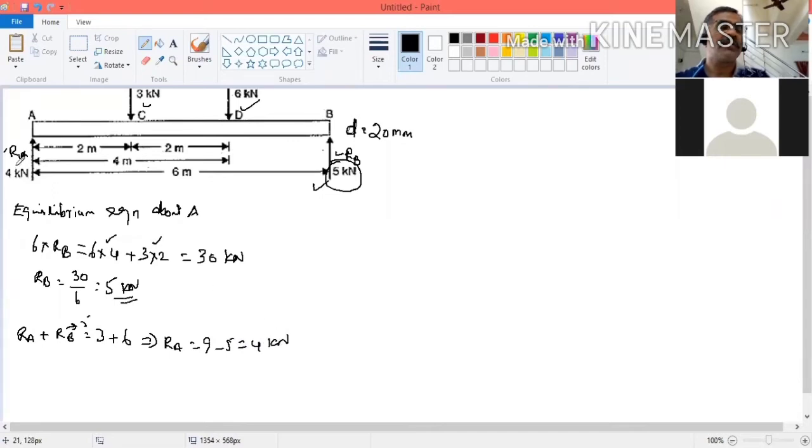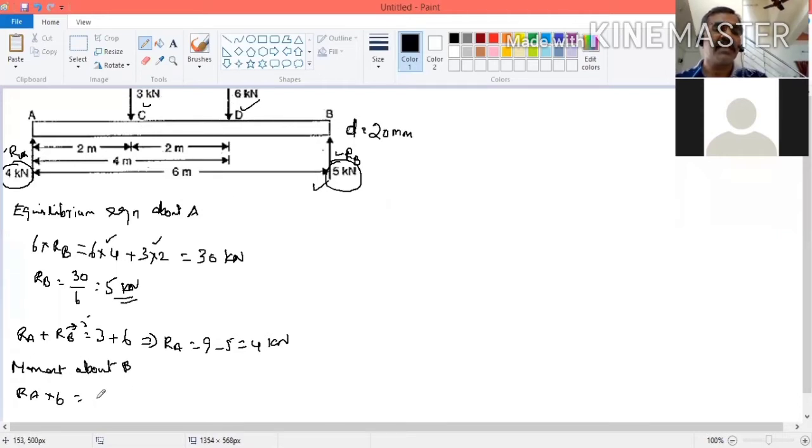4 kilonewton. Otherwise, you can take moment also. Another alternate method is taking moment. If you take moment about B, RA into 6. RA will create a clockwise moment about this point. RA into distance. So the 3 kilonewton force and 6 kilonewton force will create a counterclockwise moment.